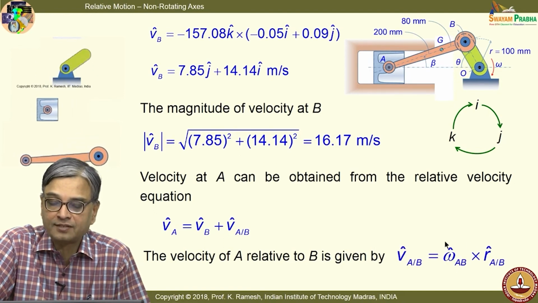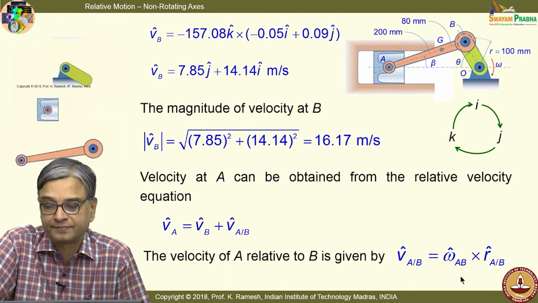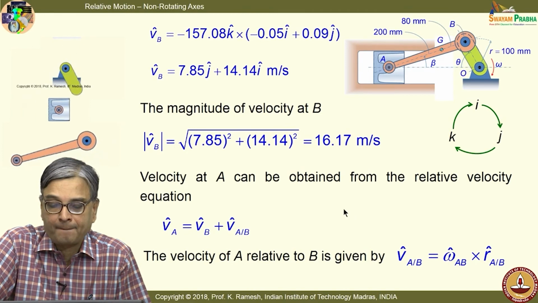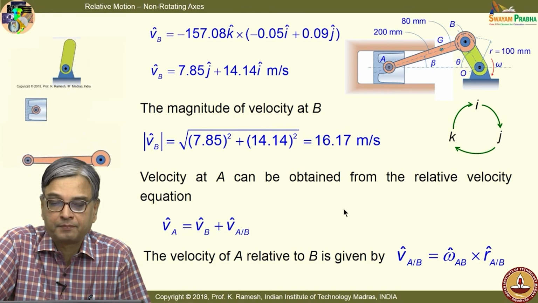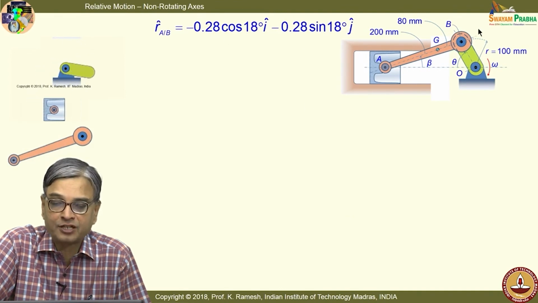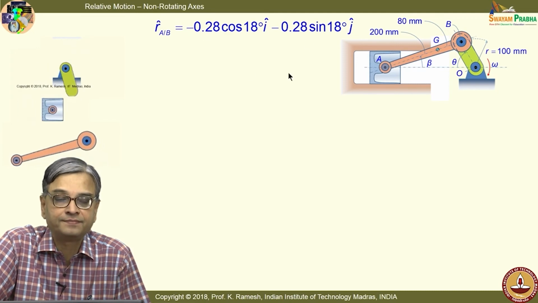So, I put that as omega AB cross RAB. And we have RAB, write it with respect to the reference axis. It is written in this fashion.